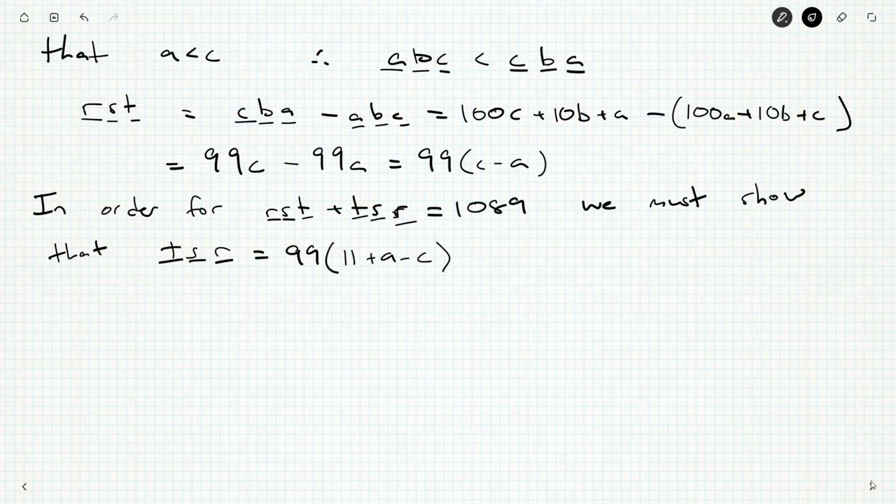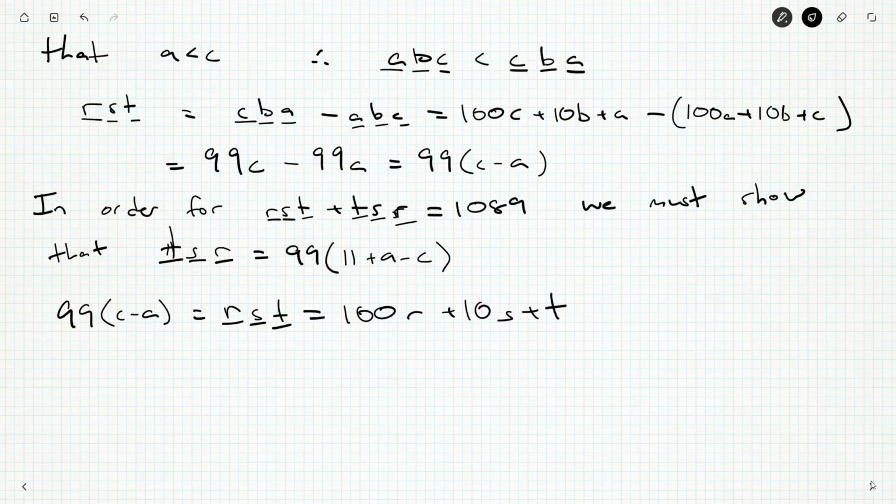I don't know how easy that's going to be, or even if this is the way to approach it, but that's what we're trying to do here. I don't see an immediate reason why this should be true, so we're going to move on to something else. 99(C minus A) is equal to RST. I guess I could write that as 100R plus 10S plus T, but then we've got 5 unknowns here, and that makes me uncomfortable.